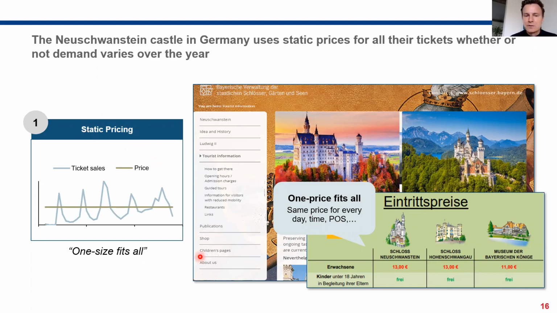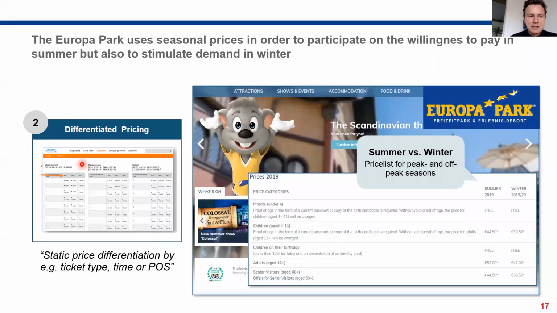This is one example of what we call static pricing. And most of the museums and attractions are still operating with some sort of static pricing. The second example that we included in this webinar is the Europapark Rust, and we took it as an example for differentiated pricing.